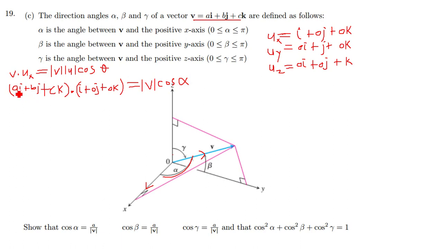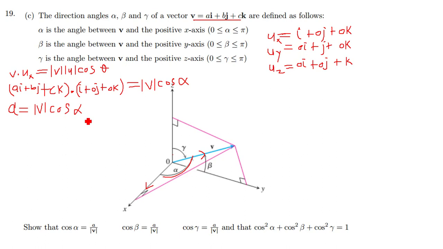So ai times i gives us a, according to the dot product formula. Then bj times 0 is 0, plus ck times 0, which is also 0. So I'll just remain with a being equal to the magnitude of v times cos alpha.